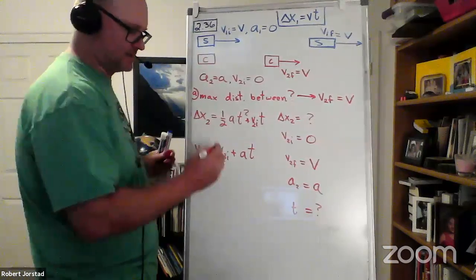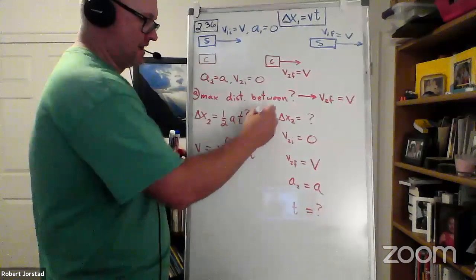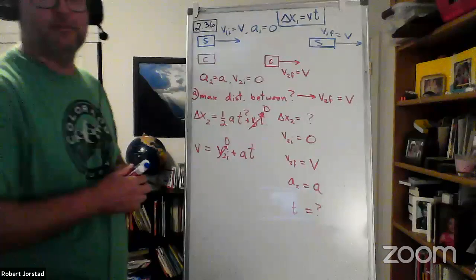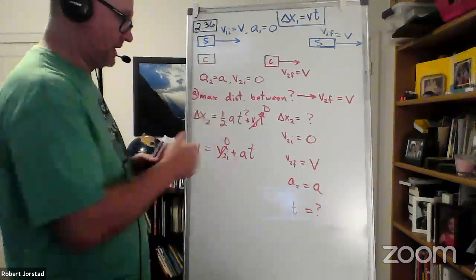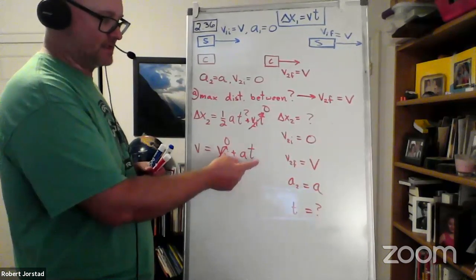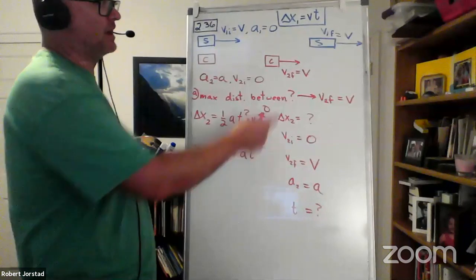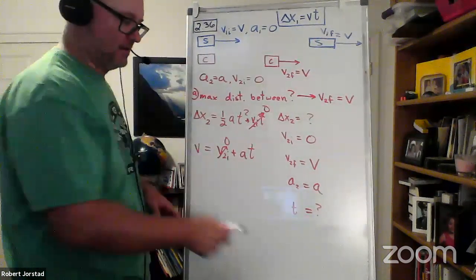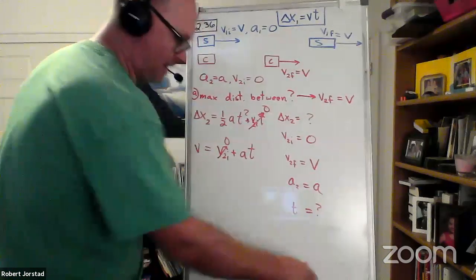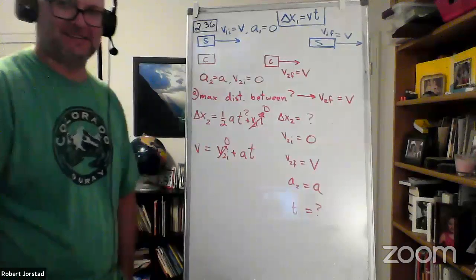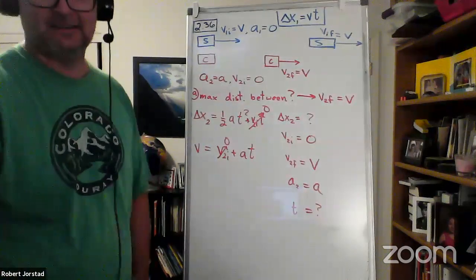And so in this case, this is 0 and this is 0. And so from there, I believe it's pretty easy to get the time here. Once I know the time, I could plug that into this equation. I could also plug that into that equation. And then, does anybody remember what we're trying to find in this problem? The maximum distance between.